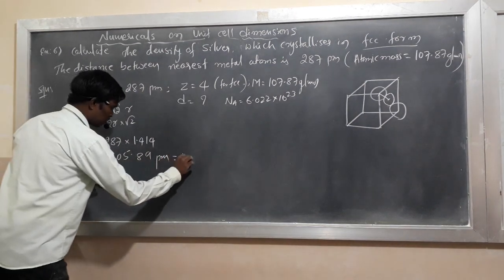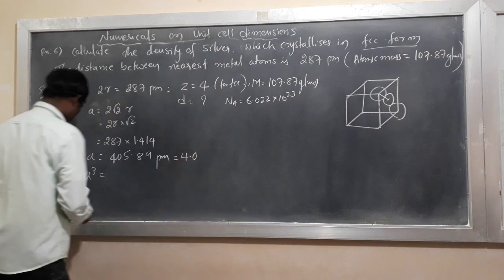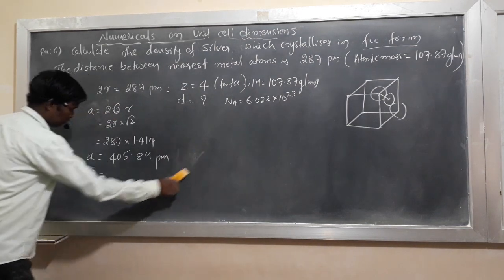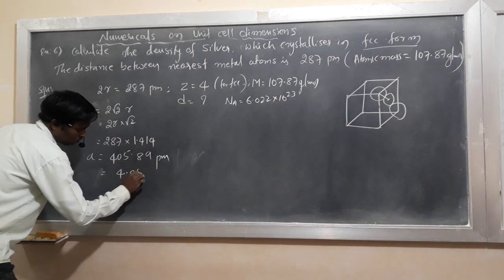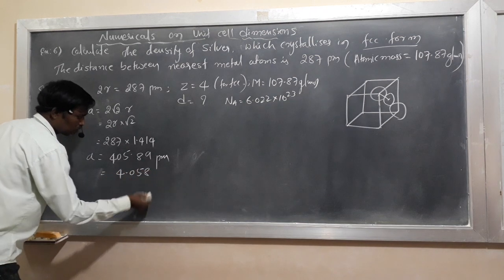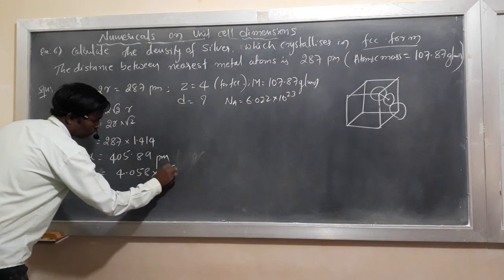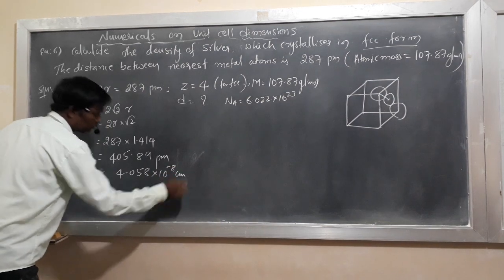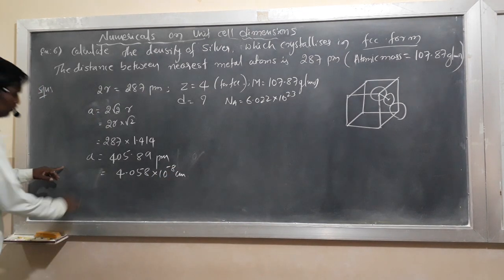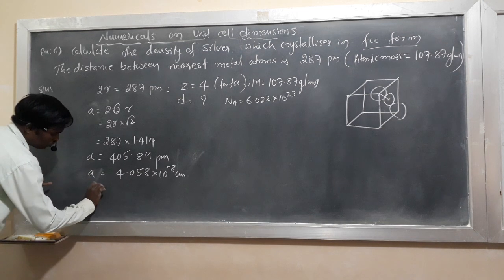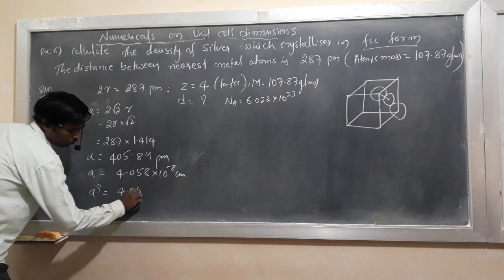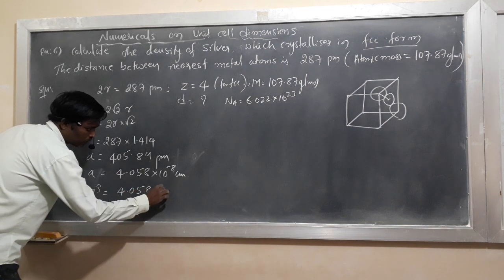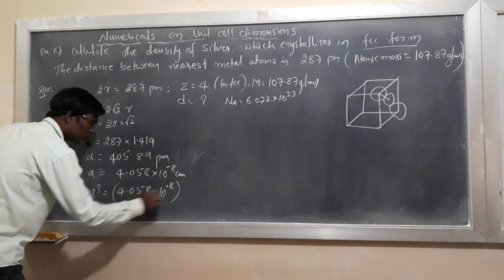This can be done as 4.0589 into 10 raised to minus 8 centimeter. Now a cube equal to 4.0589 into 10 raised to minus 8, whole cube.